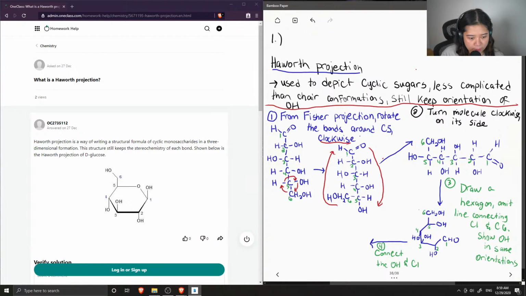So now we have a proper hexagon. And the rest of them just stay the same. So you can also draw in the hydrogens, but for the sake of clarity, I'm just going to leave it be and show just the alcohol groups.